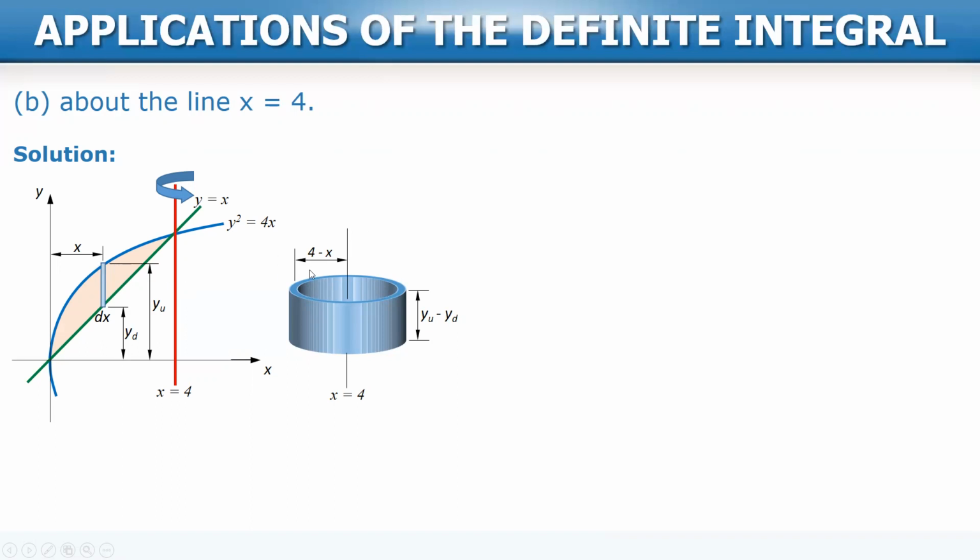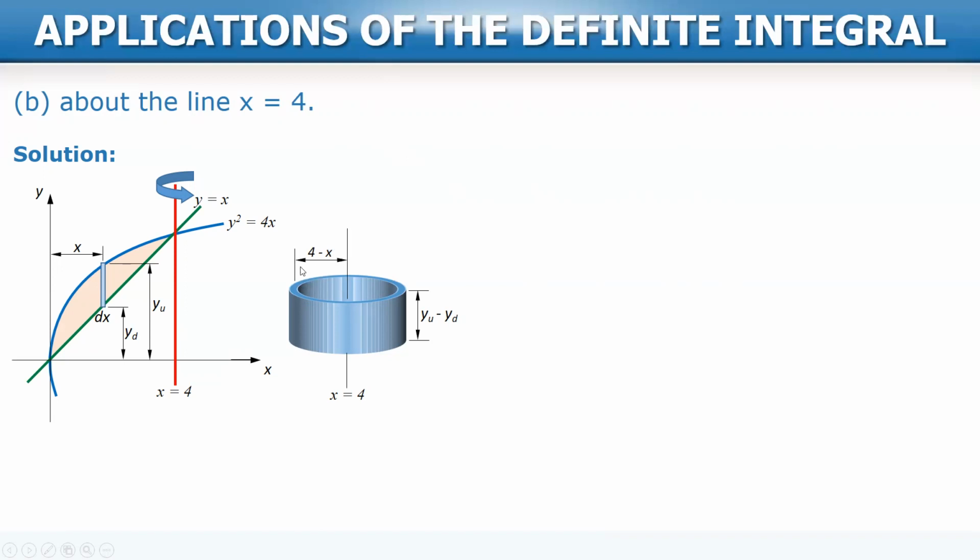So be careful. It's not always x and y for the radius. X and y are used if the axis of revolution is either the x-axis or the y-axis. But if the area is revolved about a different horizontal line or different vertical line other than the coordinate axis, then you have to be careful with your radius.